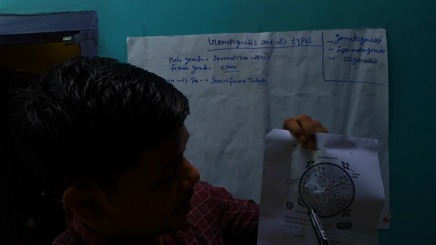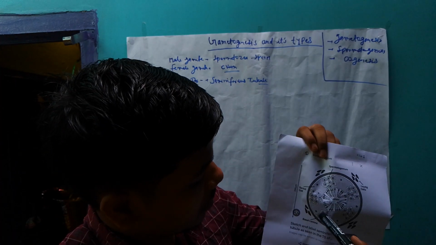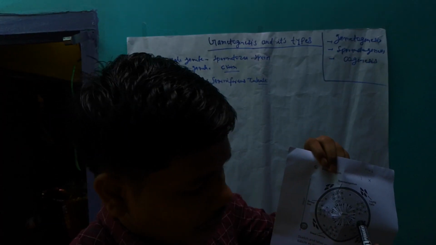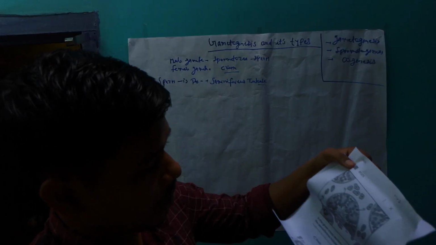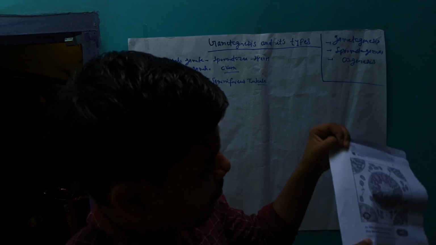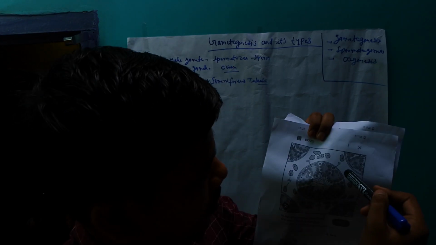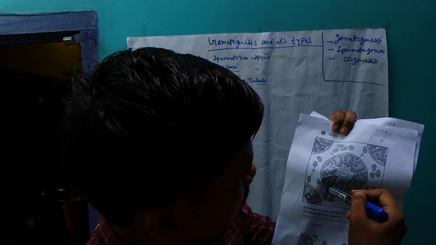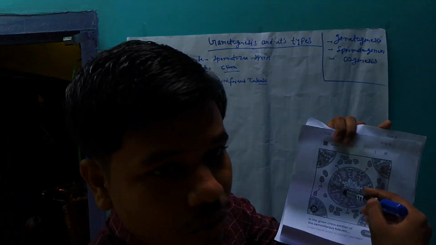This is the basal lamina. In total, this is the structure of the seminiferous tubule. The inner part is called the lumen and the outer part is called Leydig cell.